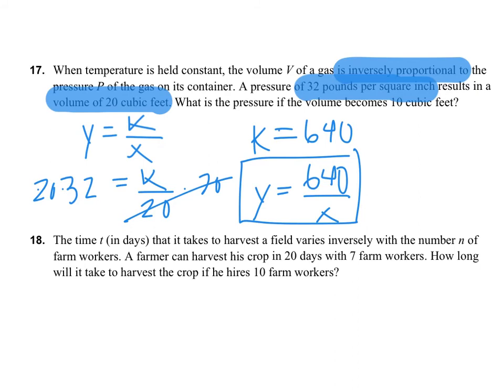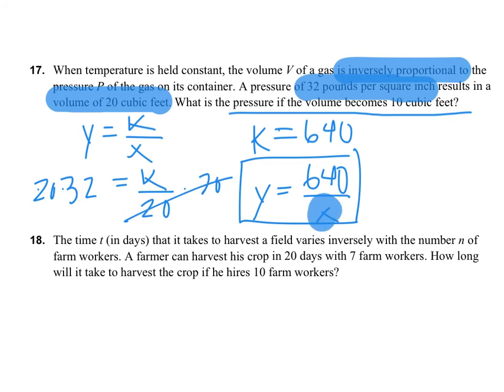So the last part here says, what is the pressure if the volume becomes 10 cubic feet? So you have to remember which variable you put in for volume. If you remember over here, I put pressure, so here's 32 for pressure. I put 32 pressure in for y, and I put volume 20 in for x. So if it's asking for volume is 10 cubic feet, I know that I need to put volume in for x.